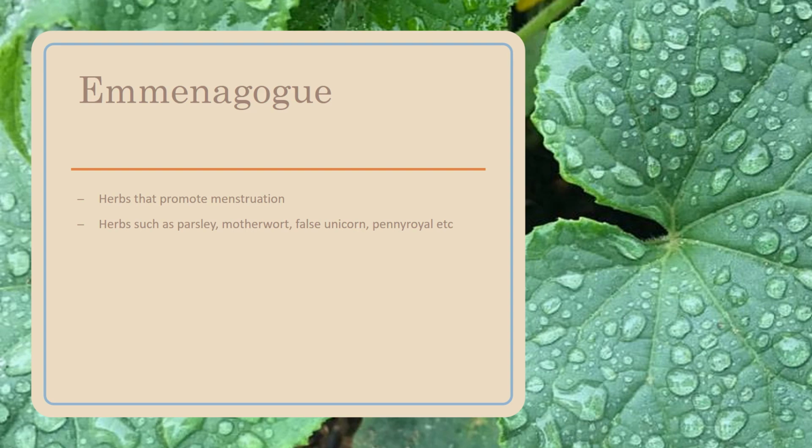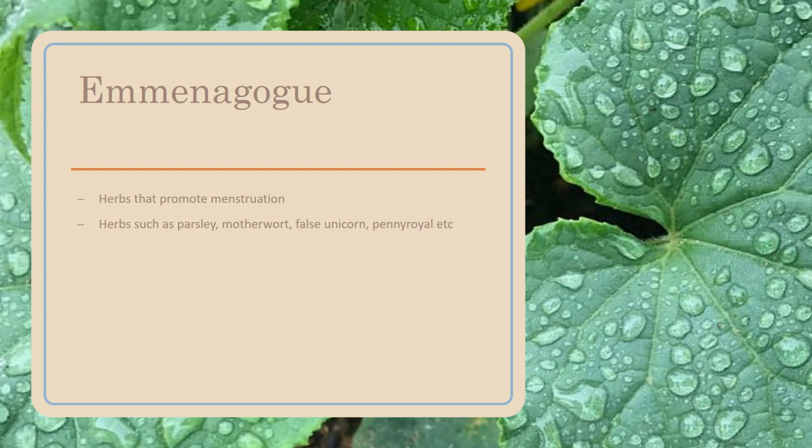There are other menstrual promoters as well, such as tansy leaves, and as I said, pennyroyal leaves, and it is also said that vitamin C can be an emmenagogue as well. Something definitely to look into. There are quite a few emmenagogues out there.